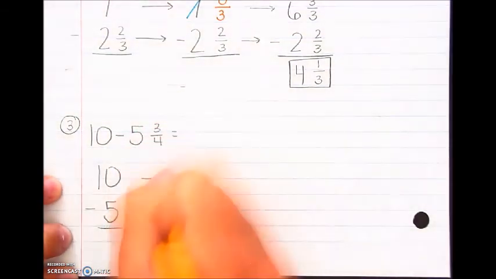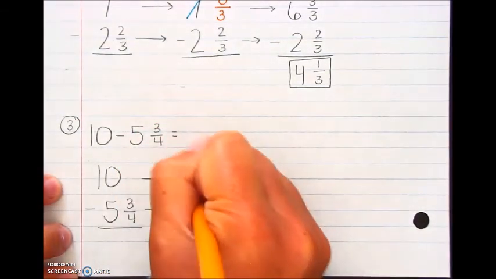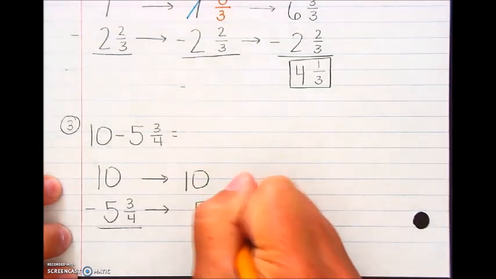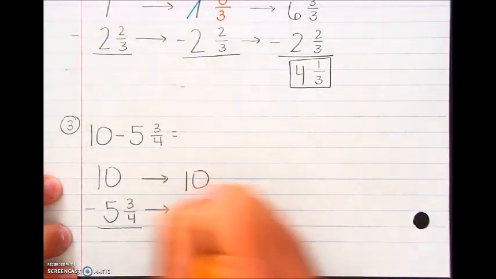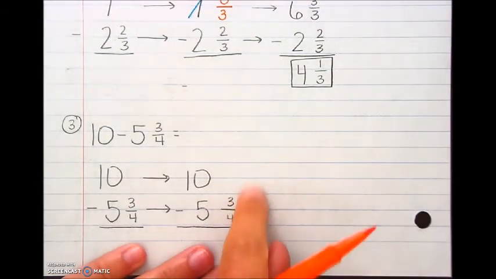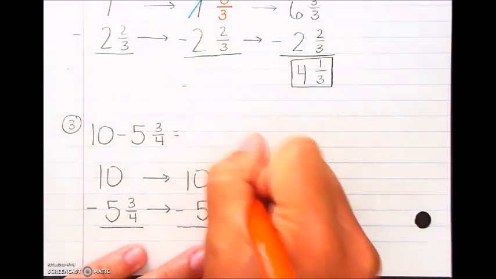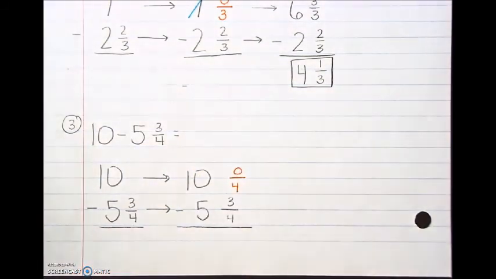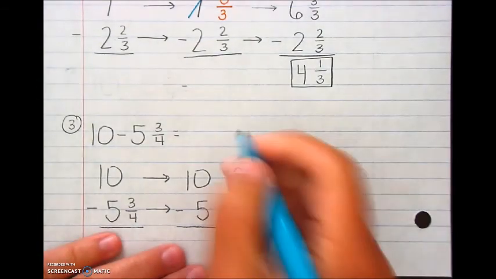I'll bring over my whole numbers, 10 and 5, and I can write 3/4 in my fraction column. Now, to hold the place of the fact that this has no fractional amounts, I'll say 10 and 0/4, which allows me to recognize I need to regroup.